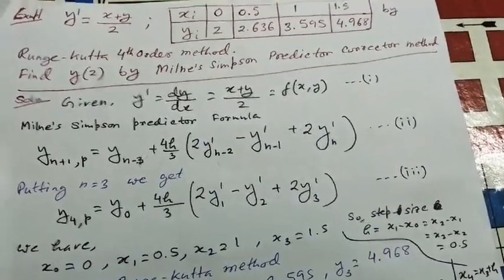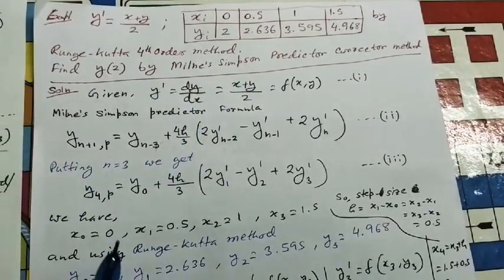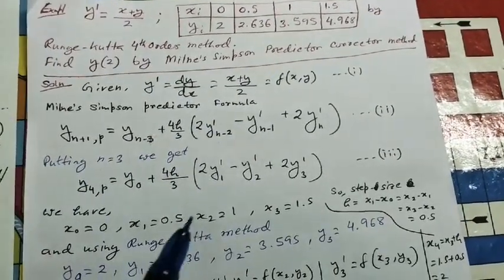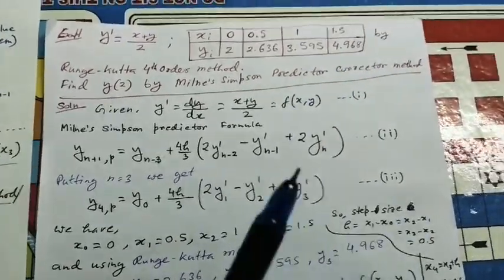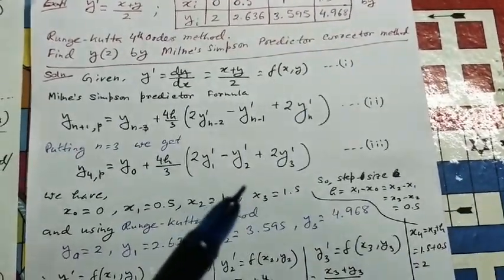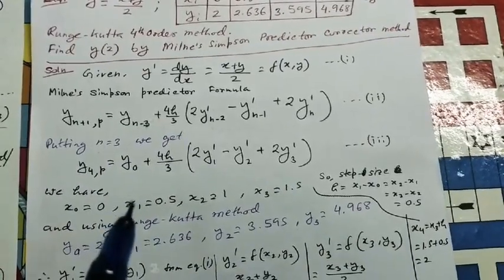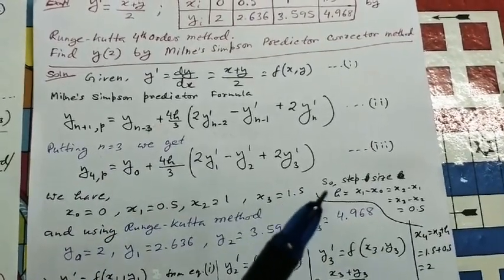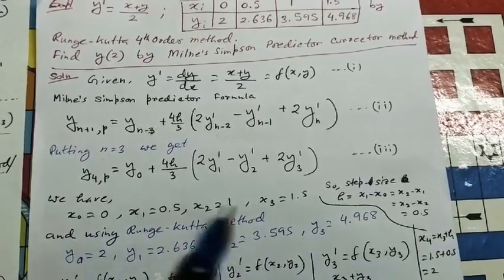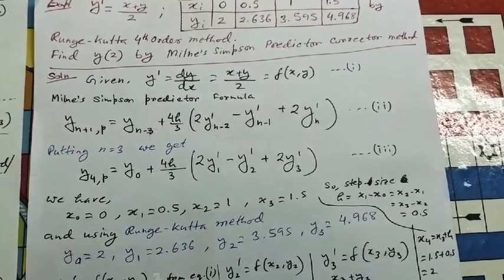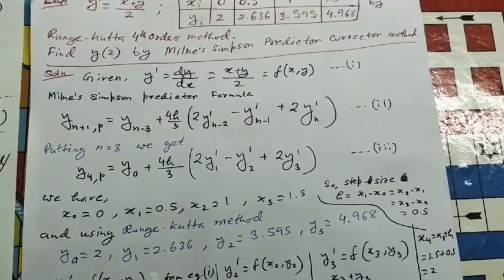Now we have x0 as 0, x1 as 0.5, x2 as 1 and x3 equals 1.5. From this question it is already given. So from this we can easily calculate the value of step size h. h will be x1 minus x0, as we have seen previously in our video.